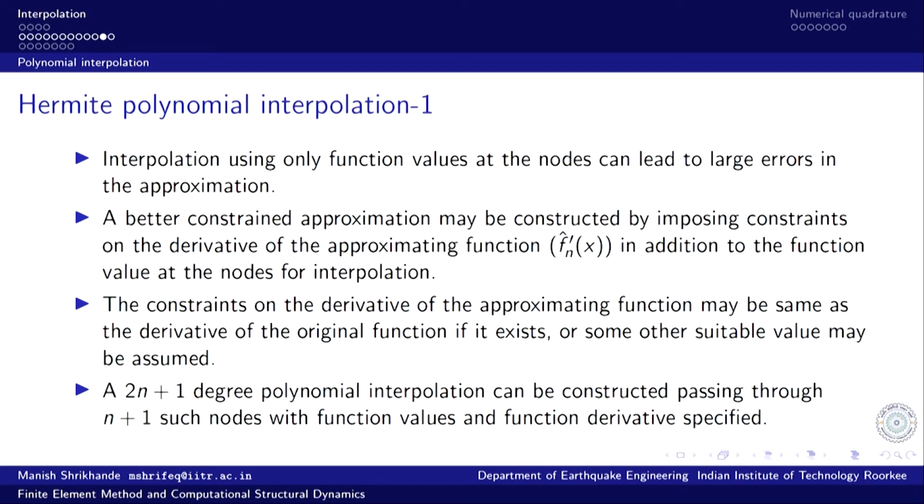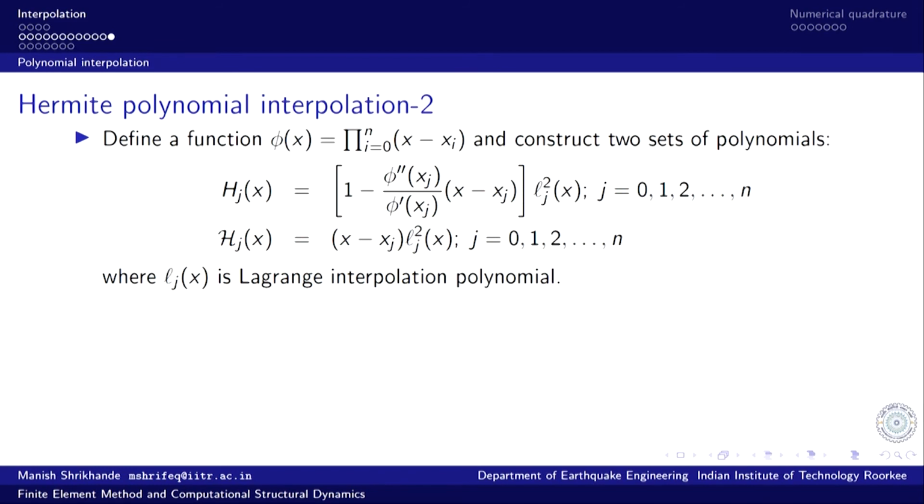Obviously, the formulation is a little bit more tedious, more involved compared to simple function interpolation, but it is very easy to formulate and construct. We can define a function phi, similar to what we have, as the roots of the nodes: phi of x as an n plus 1th degree polynomial, the product of x minus xi terms.